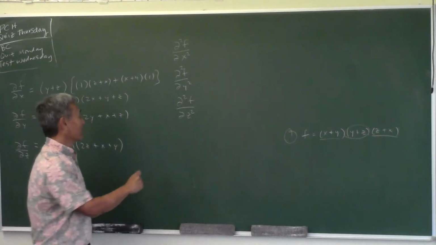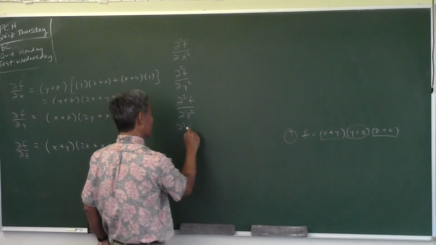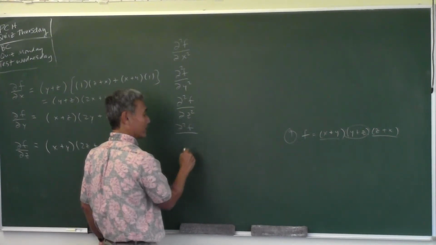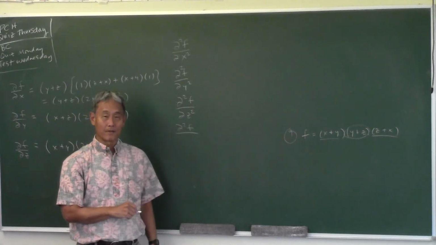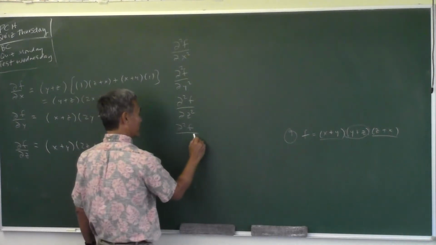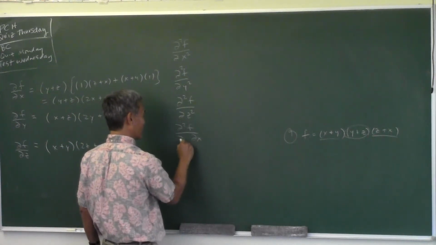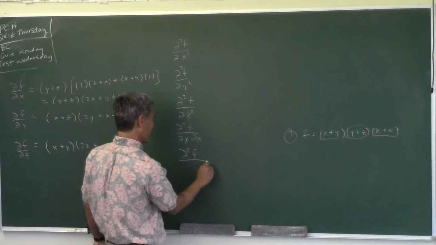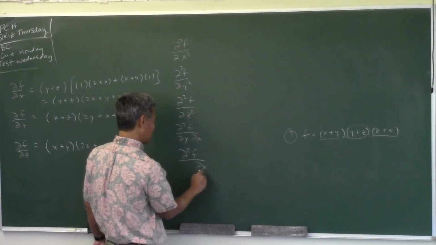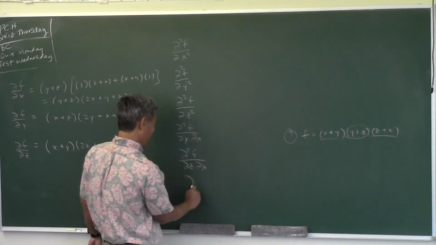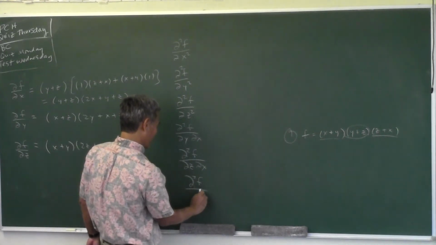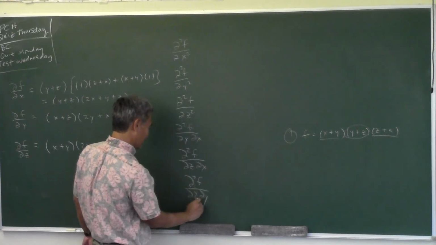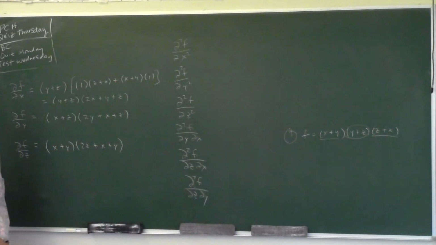Oh, you mean then you've got to do the mixed second partials. There are three more. You do it with respect to x first, then with respect to y. And then the second partial with respect to x, then with respect to z, and then the second partial of f with respect to y, then z.